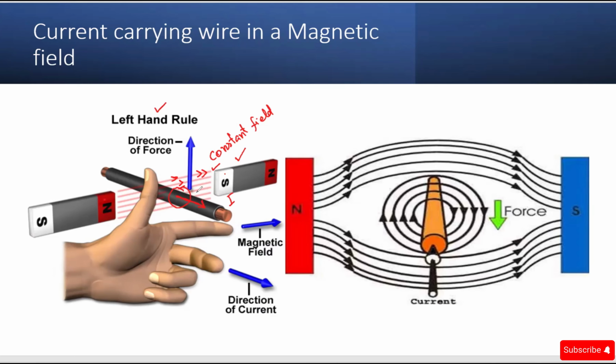Now you can see that your first finger and second finger are at 90 degrees to each other. Where is your thumb? The thumb is upwards. So this is our magnetic force FB towards up.